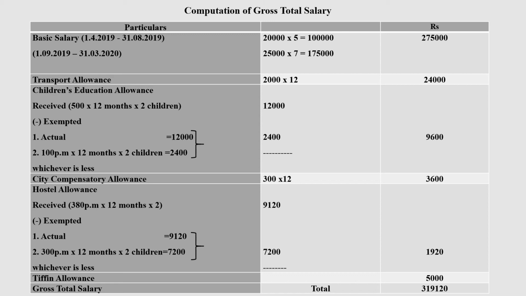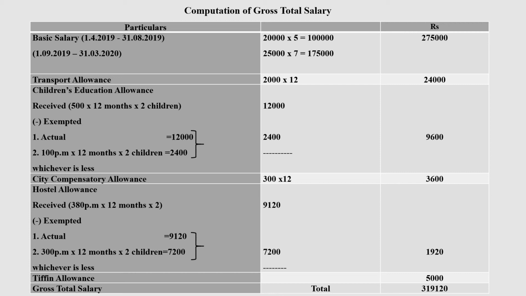So 5 into 20,000, 1 lakh. The remaining months from September to the next March of our previous year, he is receiving 25,000. So September, October, November, December, January, February, March. 7 months he is receiving 25,000. So 25,000 into 7, 1,75,000. So together the total salary for a year for this person is 2,75,000. So take that to the outer column.